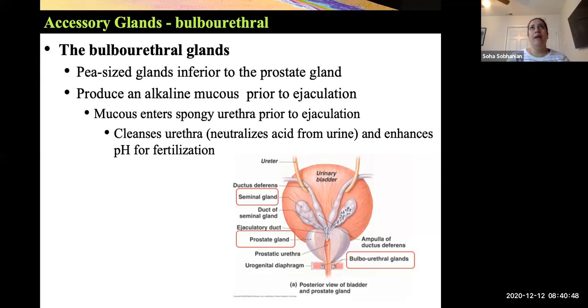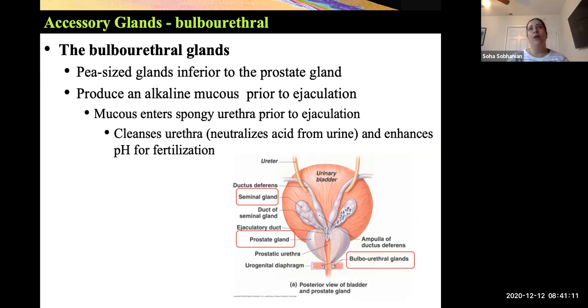I don't know if I mentioned this or not, but the pH, or acidity, of urine is usually around 6, which is acidic. On the other hand, the environment the sperm is going to be happy in is an alkaline or basic environment.